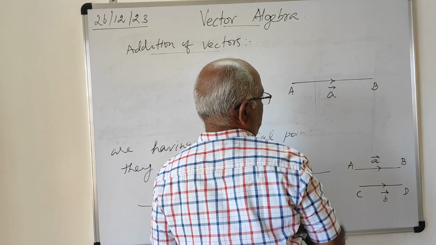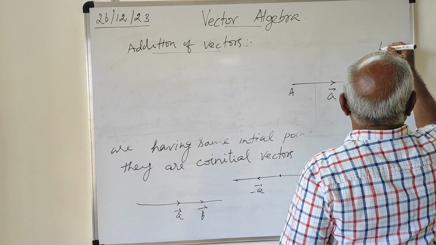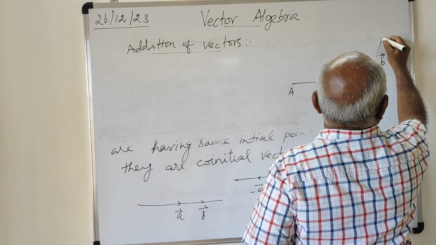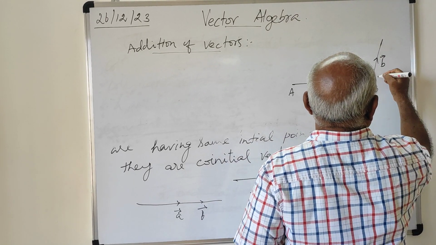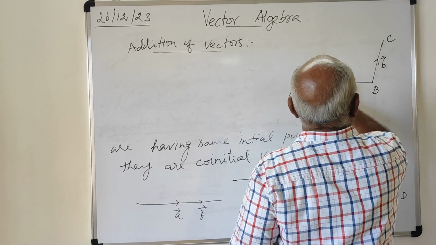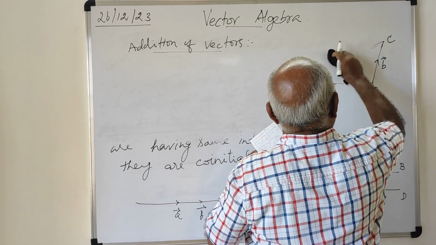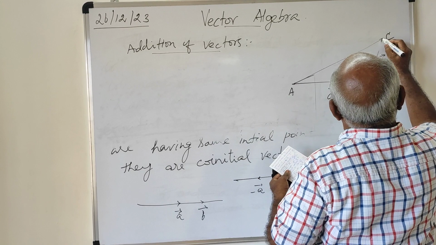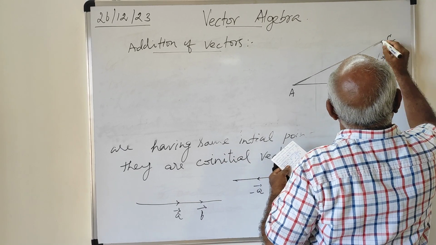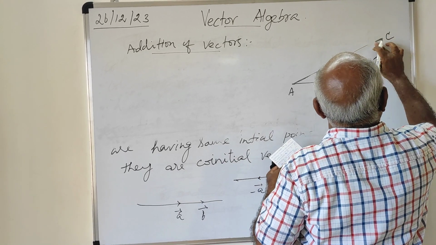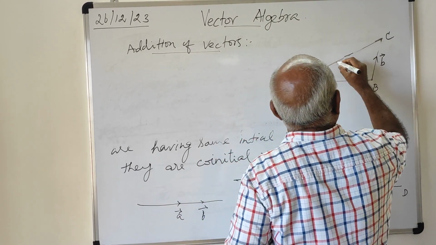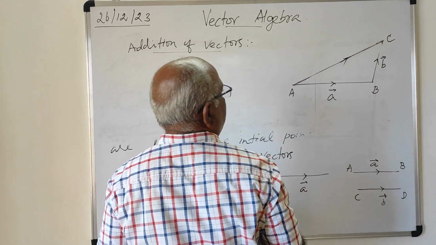The initial point of the vector A is capital A, and this is the vector B, which is acting from B to C, and B is the initial point of the vector B. Now this is vector AC.